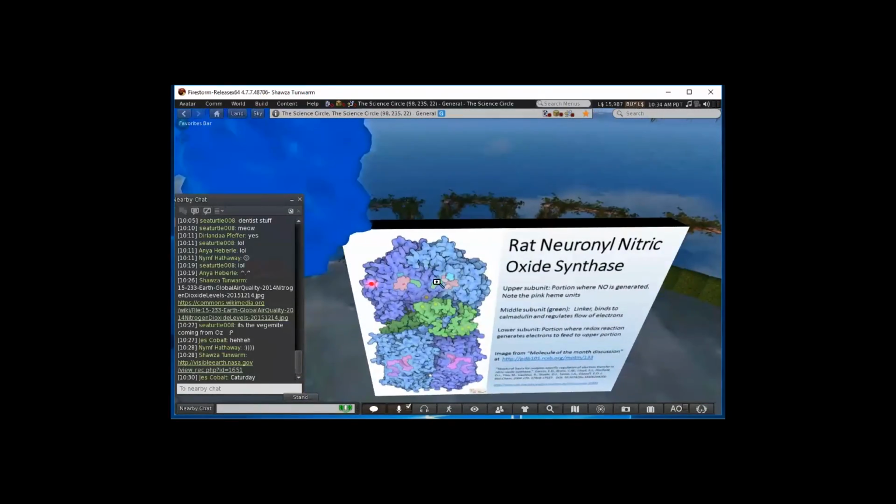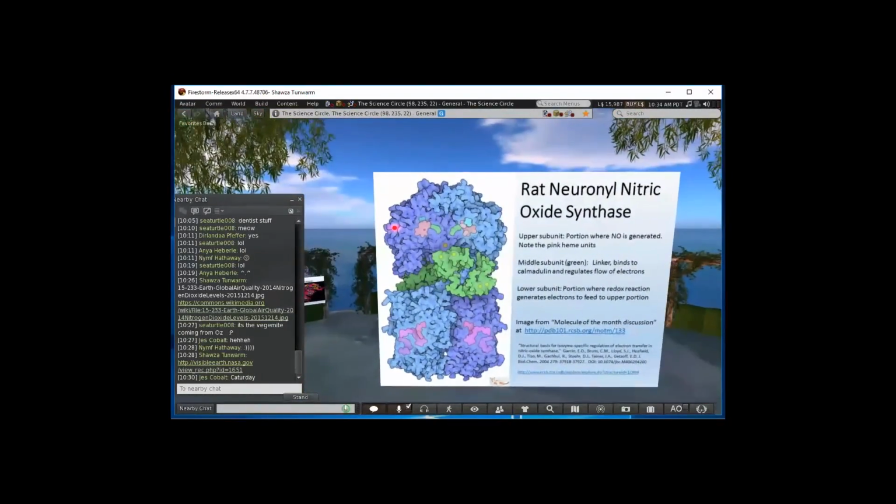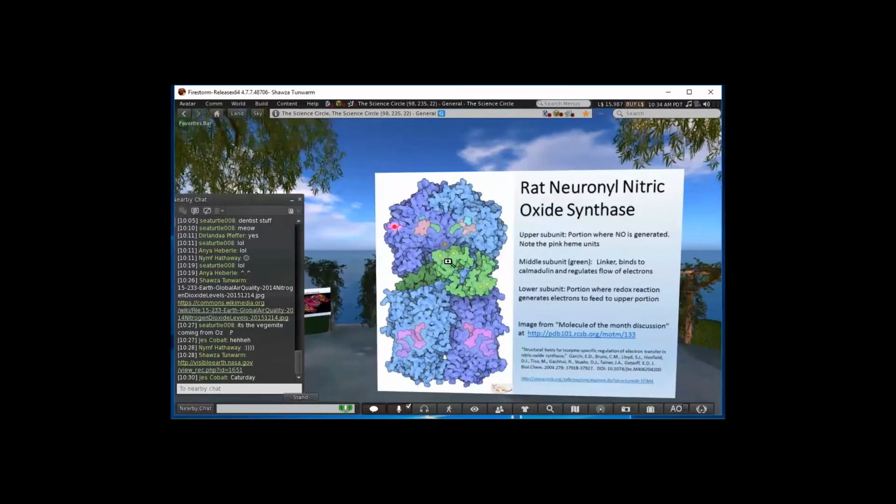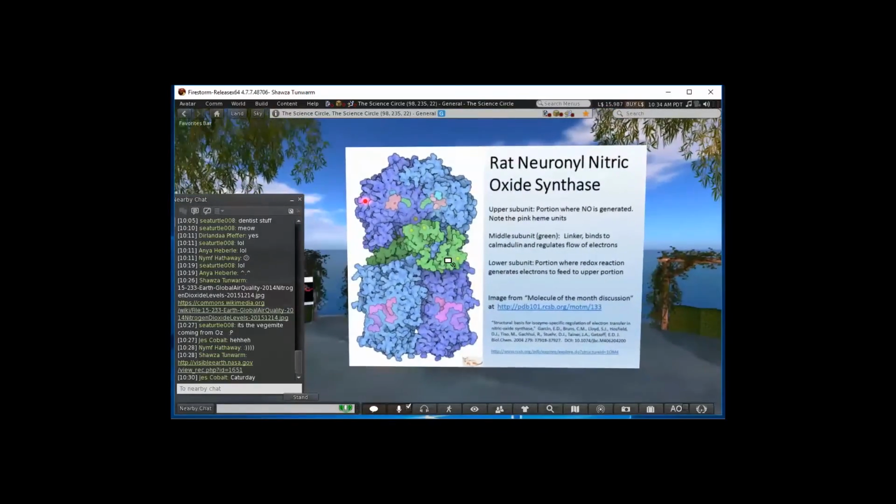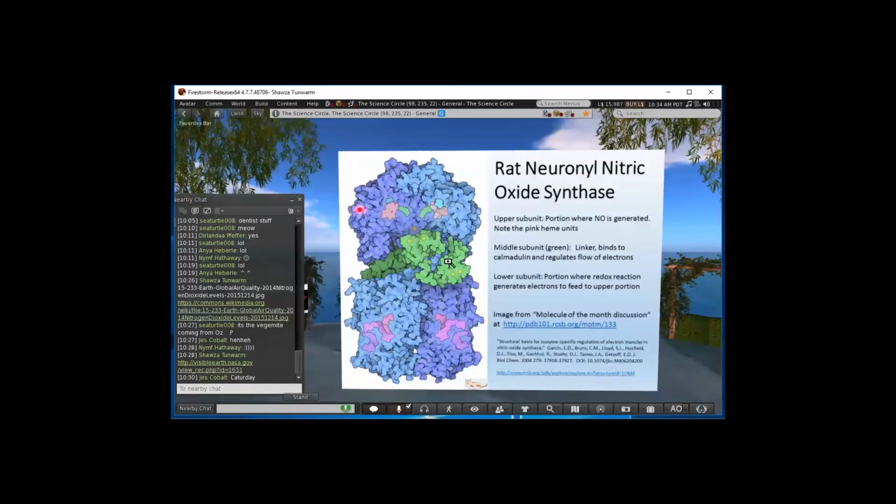And the nitric oxide synthase basically takes a little molecule called L-arginine and splits off a nitrogen from it. There's a heme group in there, I'll mention what that is later, that actually does most of the management. This particular view of the whole nitric oxide synthase has the business end at the front.